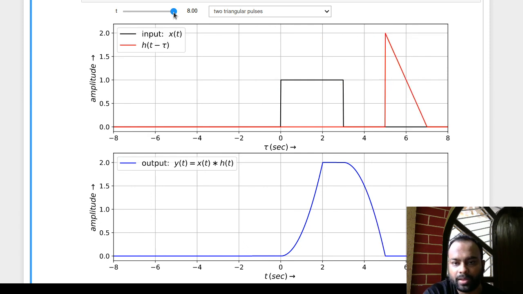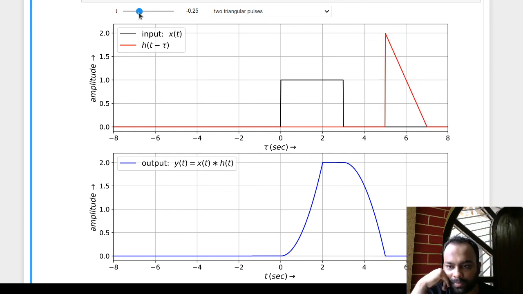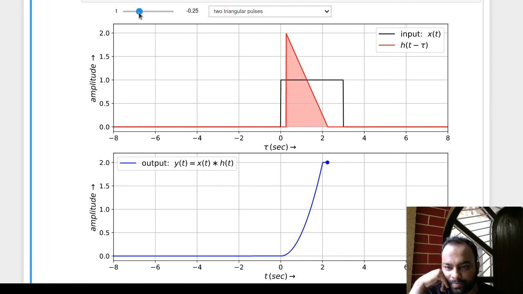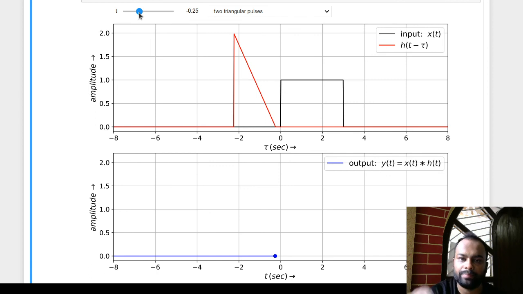See, if I do the convolution, I can go back. Let's go back. See it the other way around. Again, this is the flipped version, right? This is h(t minus tau).